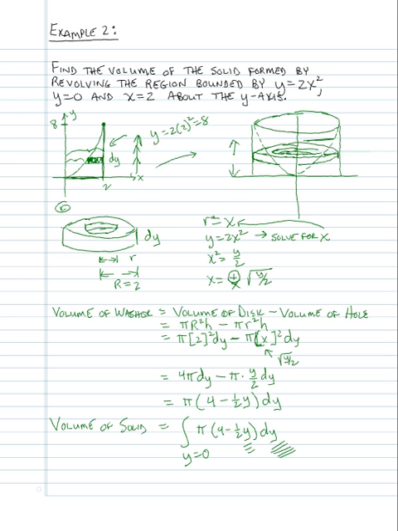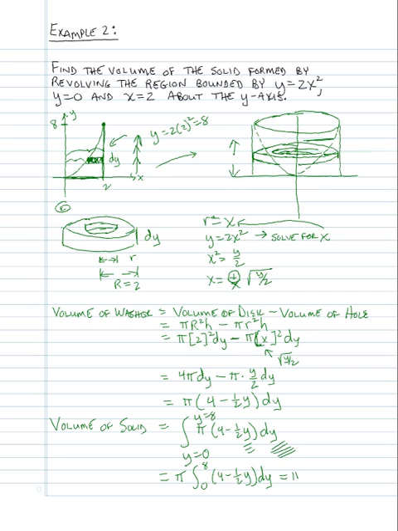And then the very top washer is going to happen when y is equal to 8. That's as high as y can go. So our integral then becomes, factor out that pi, the integral from 0 to 8 of 4 minus 1/2 y dy.